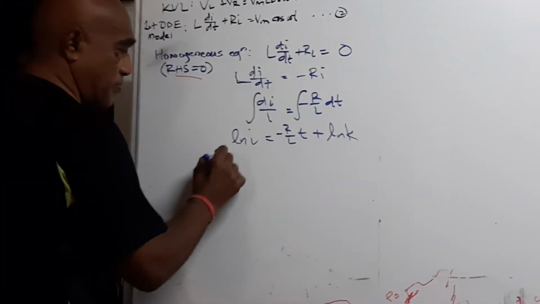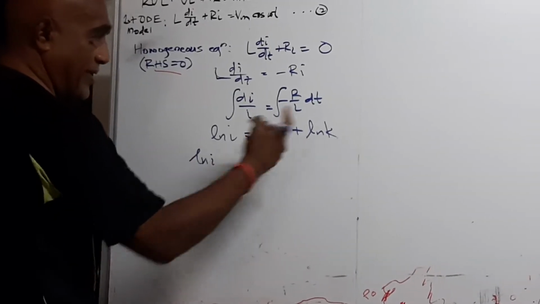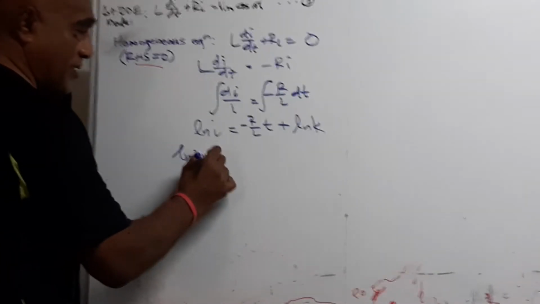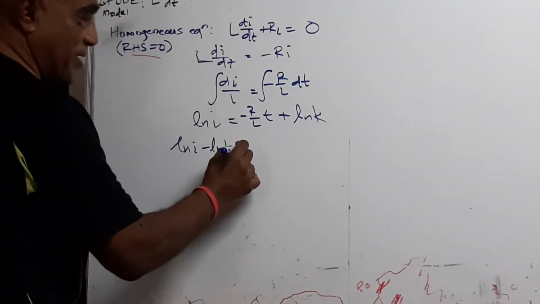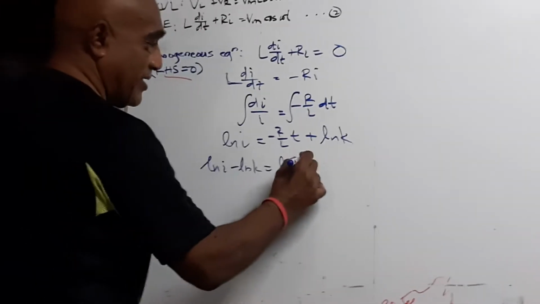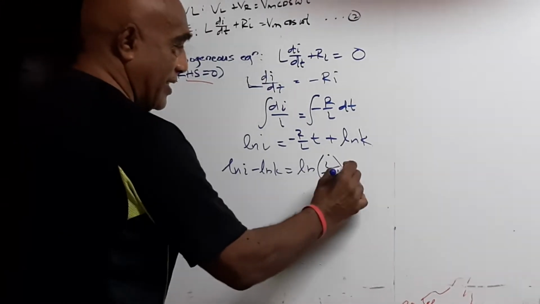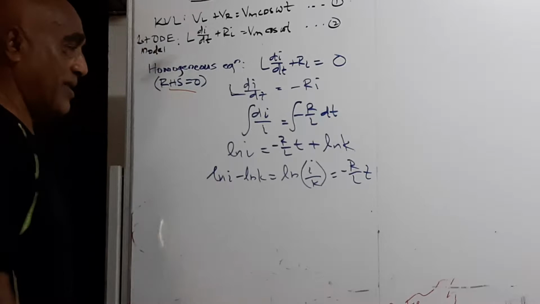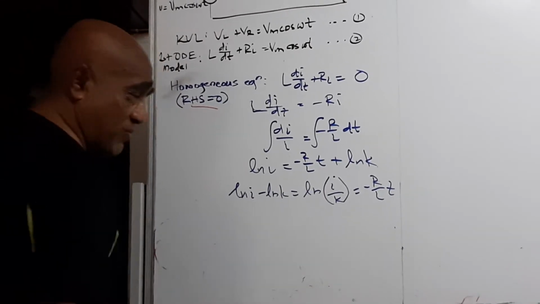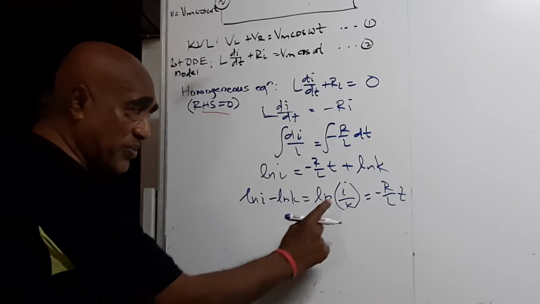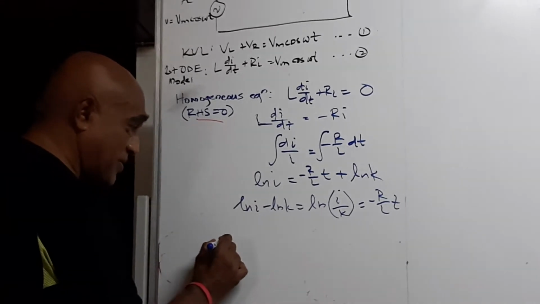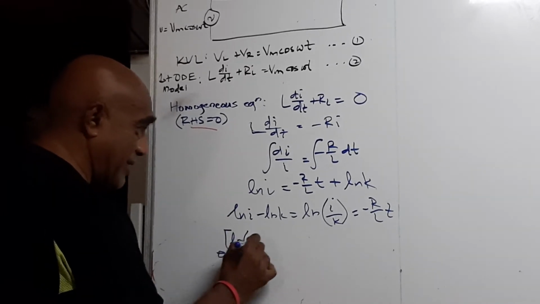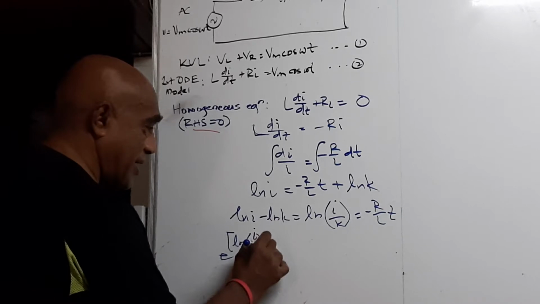And so putting that, ln i minus ln k is simply equal to ln of i over k, and that is equal to minus R over L times t. To remove ln, we know that we've got to raise it to the exponential. So e to the power of ln of i over k.